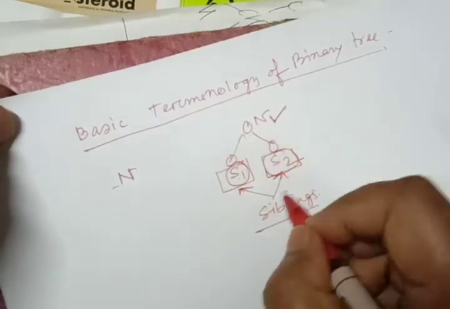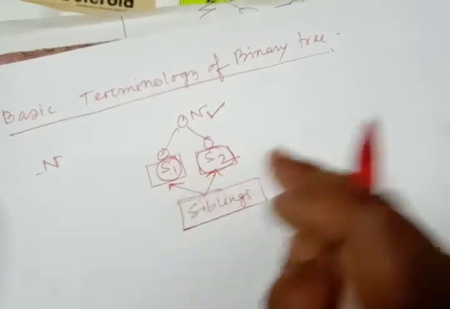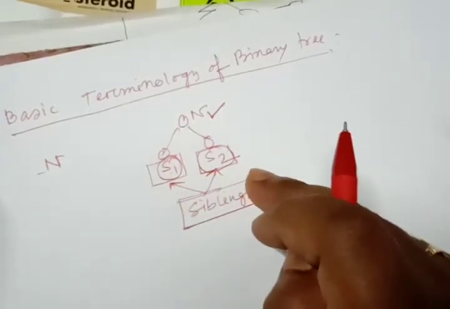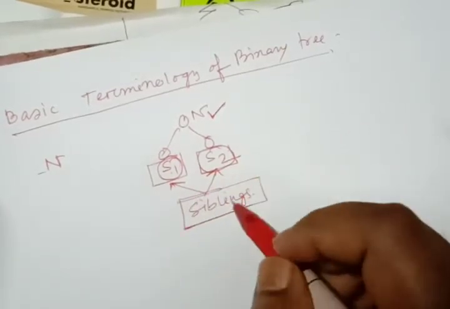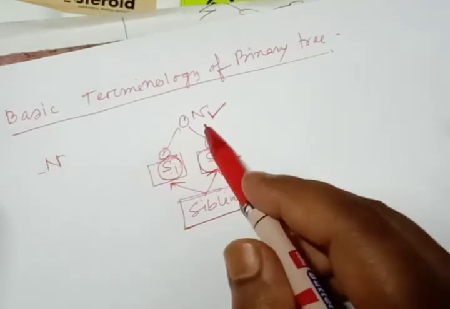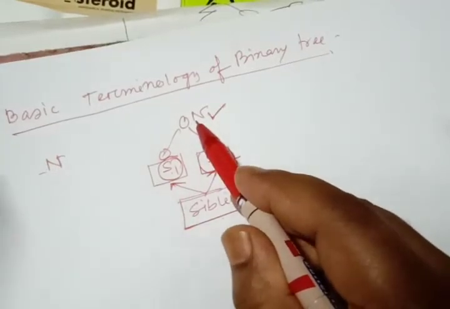This is one definition, it may be asked in your exam. Two nodes are said to be siblings when they have a common parent, that is N.